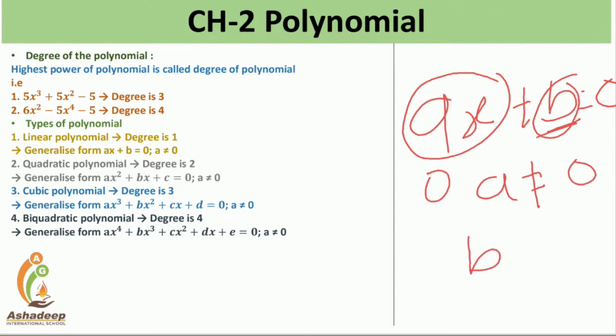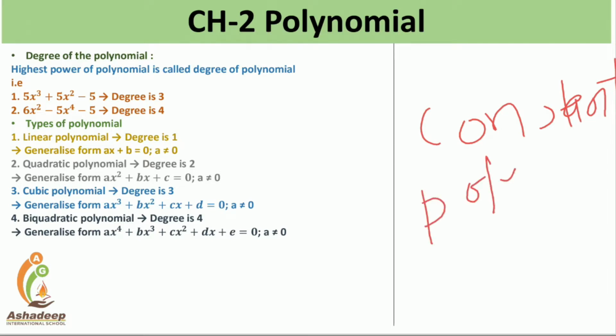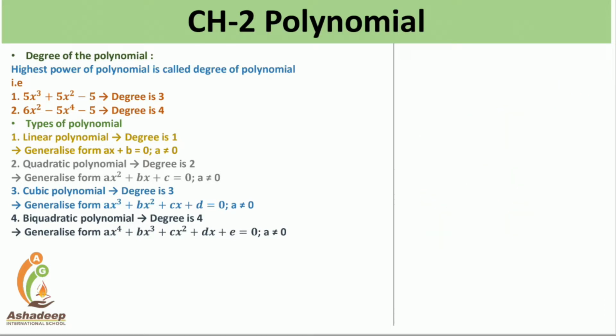If only a constant term is there, then it is called constant polynomial.